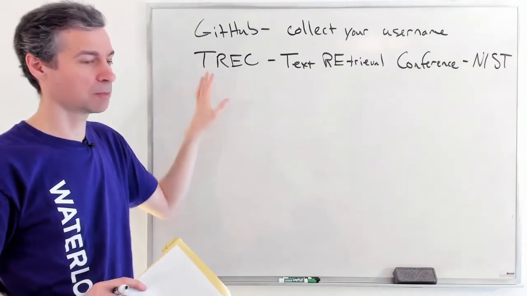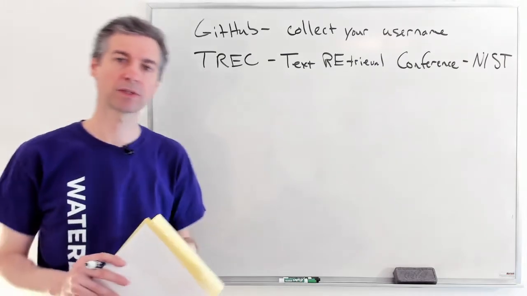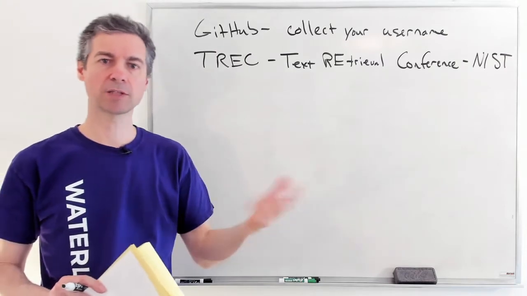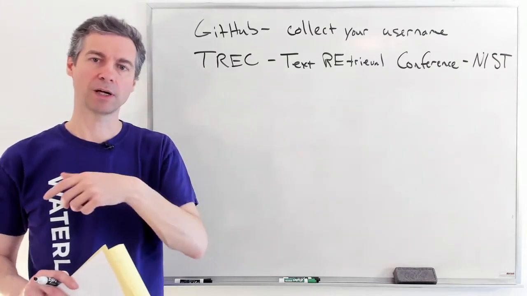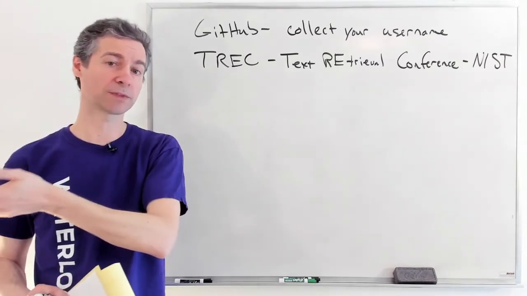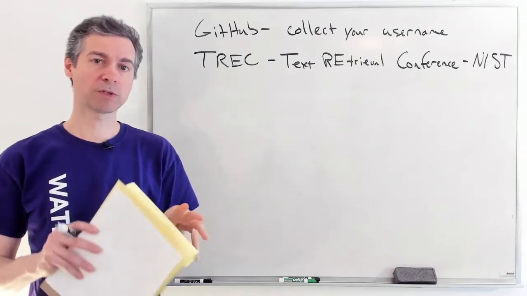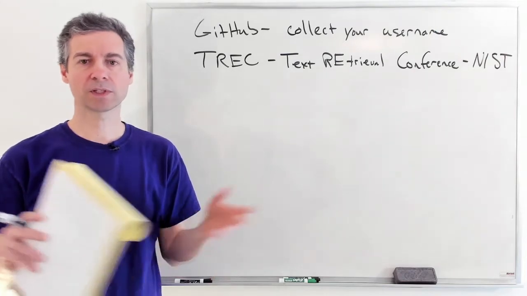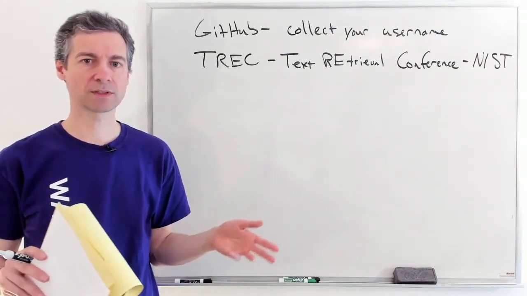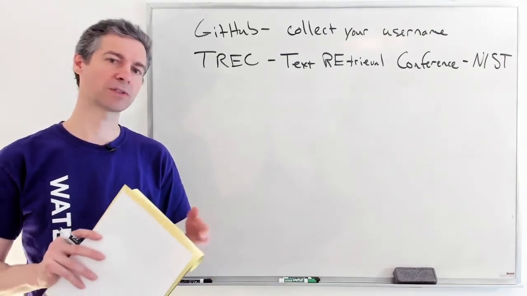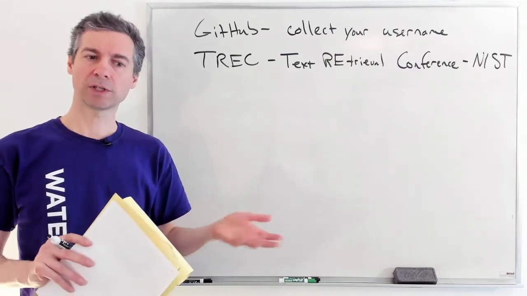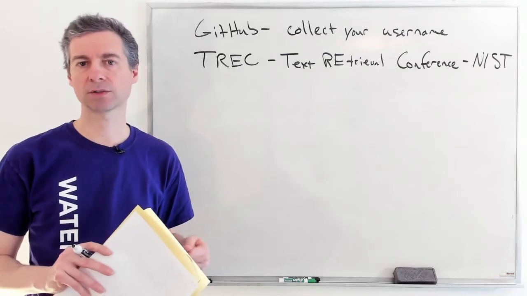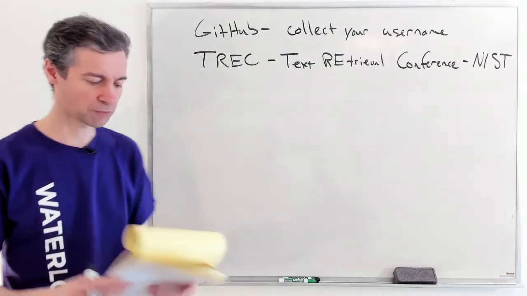Over that time, one of the things it does is produce test collections. Test collections consist of a set of documents as well as topics, search topics, and relevance assessments. We're going to be using a small subset of that. Now, one of the issues is that the data, which is quite old, is still under copyright. It still requires special permission to use it.